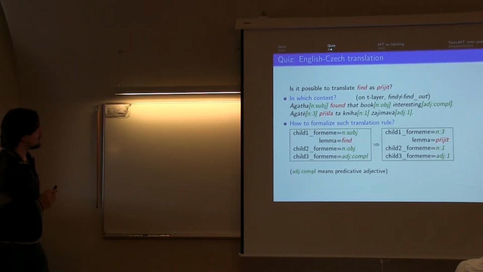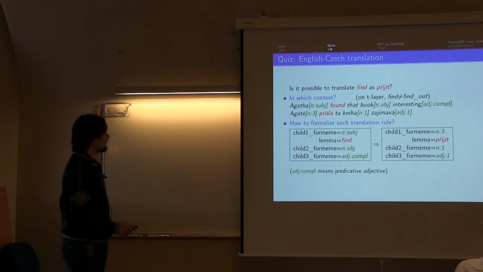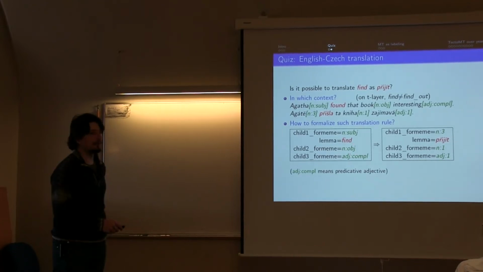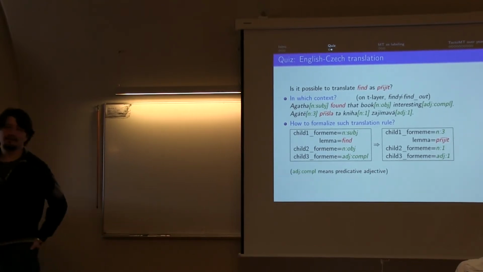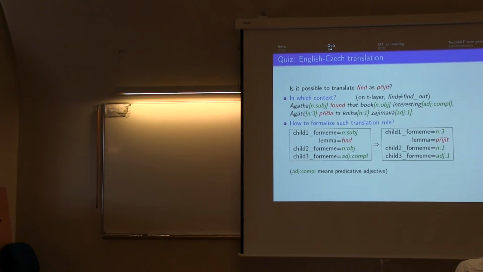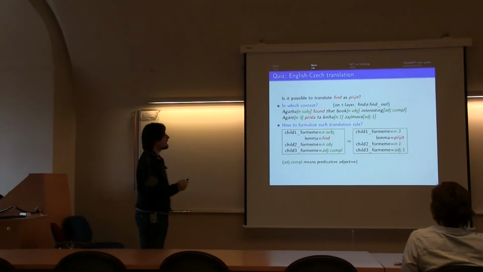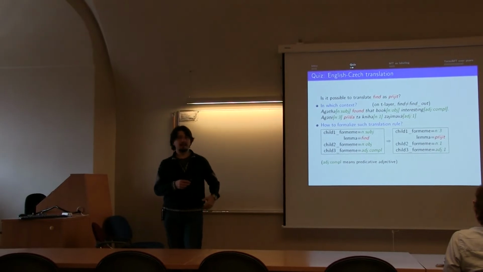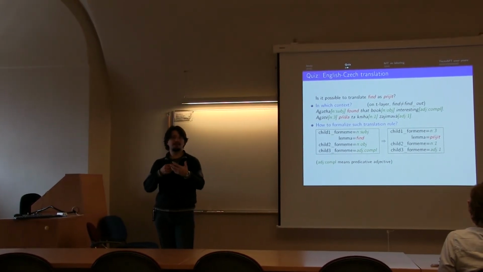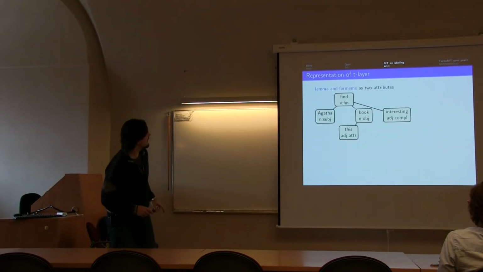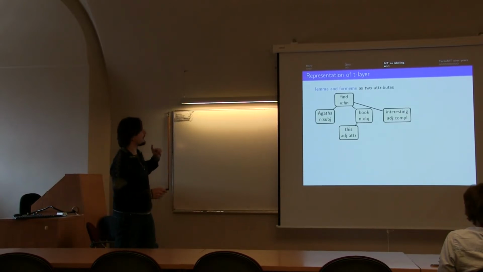Okay, and also the example here is that, as I said, I need to know only the formeme. I don't need to know what the lemmas of those green words are. So this somehow motivated the idea of how to represent the tectogrammatical layer in such a way that there is just one label per node, which will be on further slides. But let's now look at how it is now.